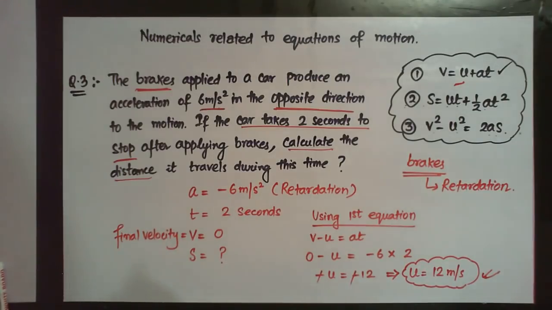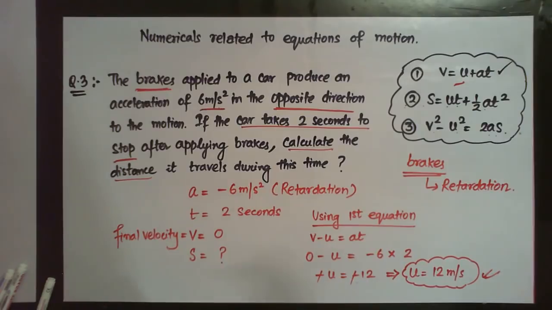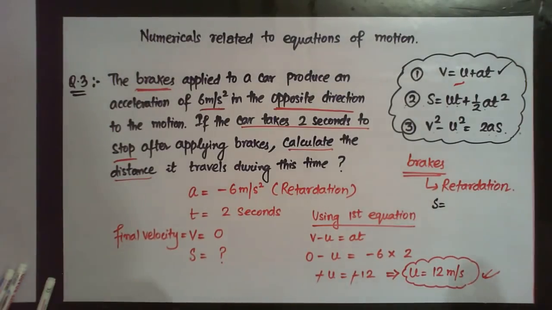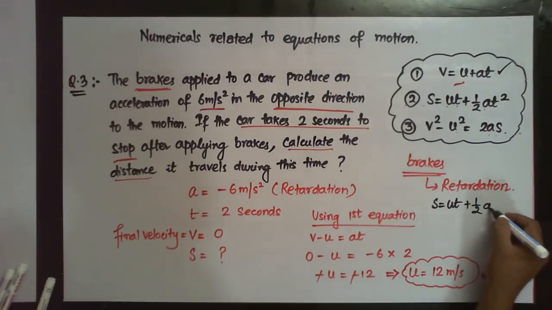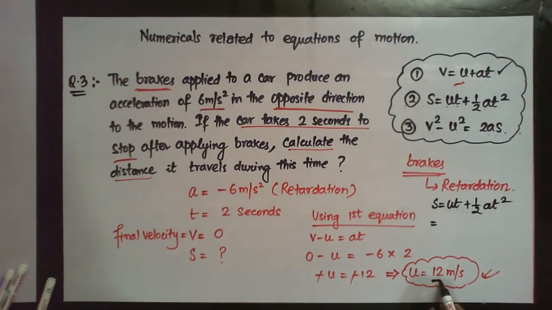If I use the second equation of motion, let me solve the question here. We need to find out the value of S. So S is equal to ut plus half at square. Now what is the value of u? We got 12.